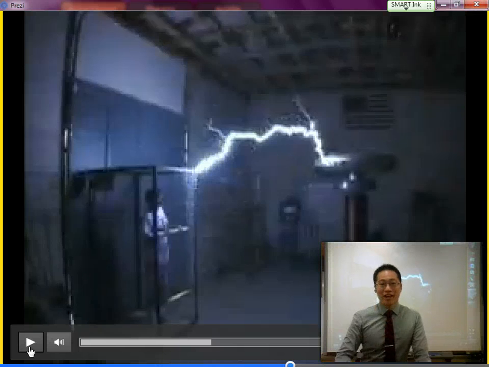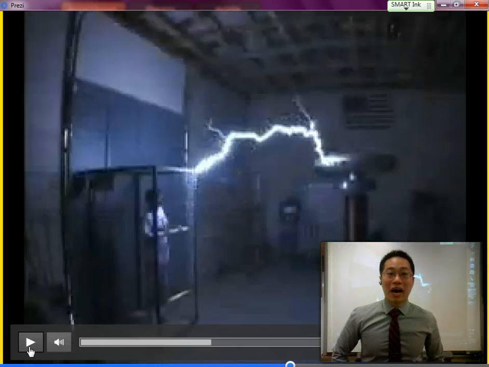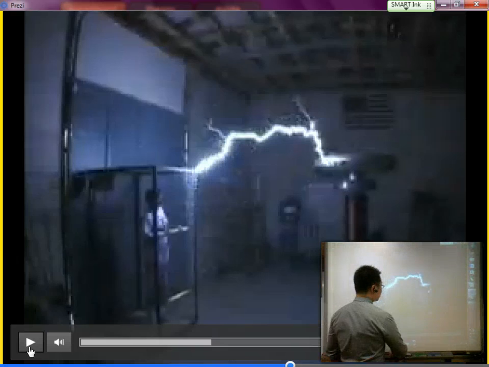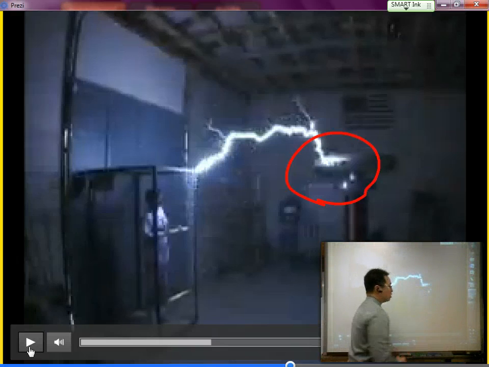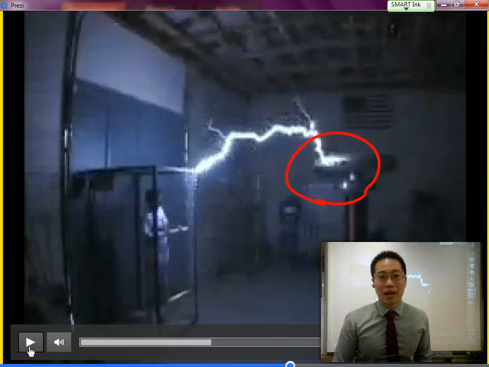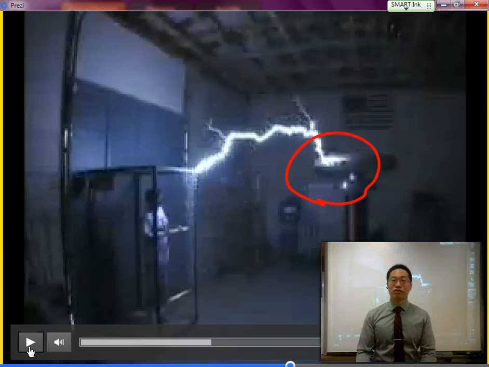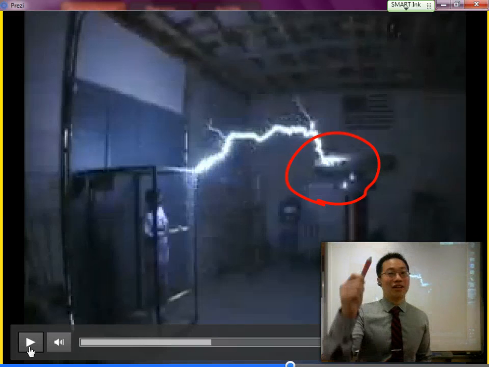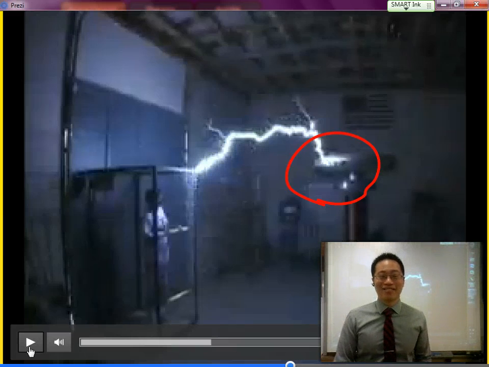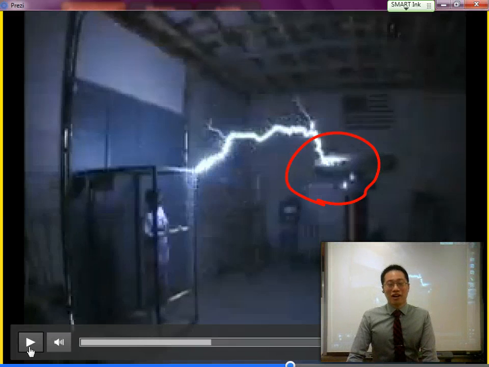Now, the Faraday cage is just an example of a hollow conductor. And no matter how it's charged, over here we have a Van de Graaff generator, which is generating perhaps 1 million or 2 million volts. And when you generate voltage that high, just like with lightning, you can see the effects are pretty cool. But the person is inside the Faraday cage, inside a hollow conductor.